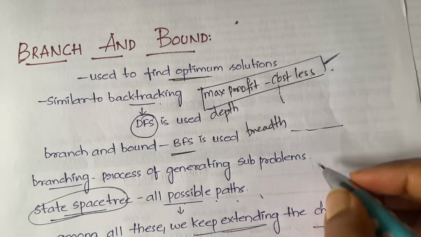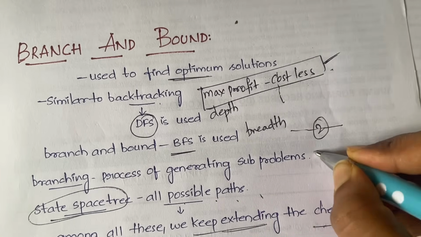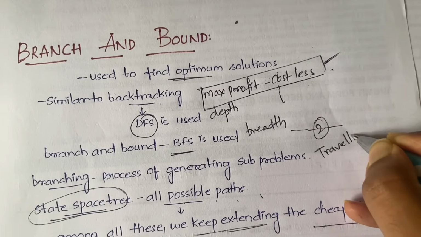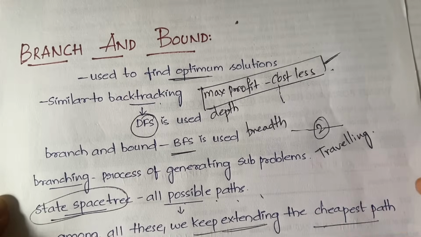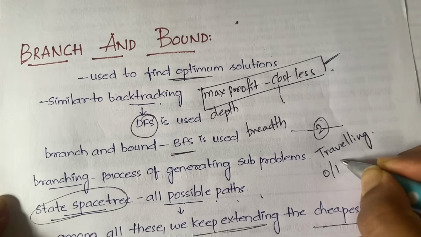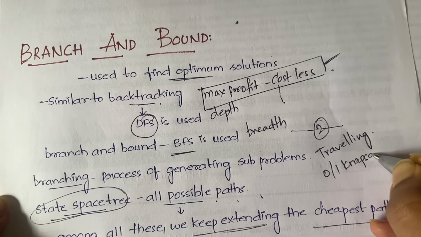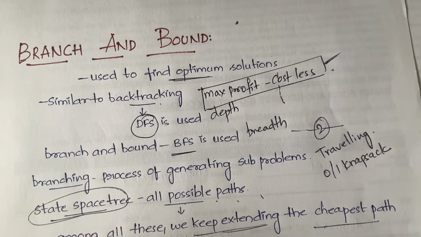Now, what are the applications? We have two applications. We have the traveling salesperson problem, which we will learn in the next video, and after that we have the 0/1 knapsack problem. We will also have the 0/1 knapsack problem in the dynamic programming approach. That is different, in the sense that one goes according to the dynamic programming approach and this goes according to branch and bound.